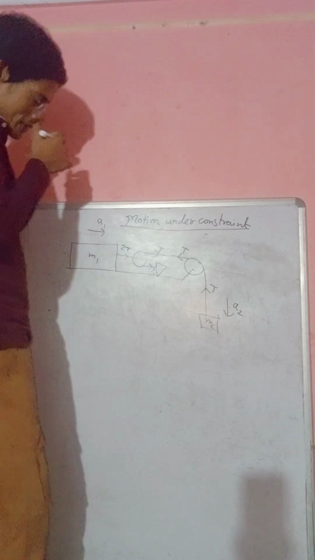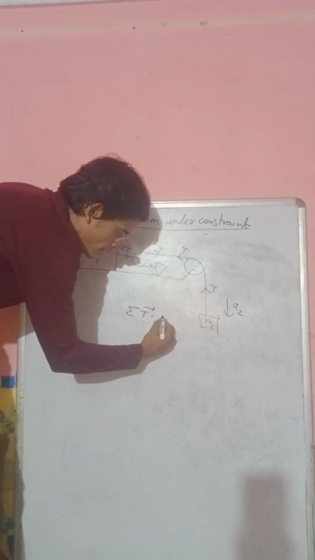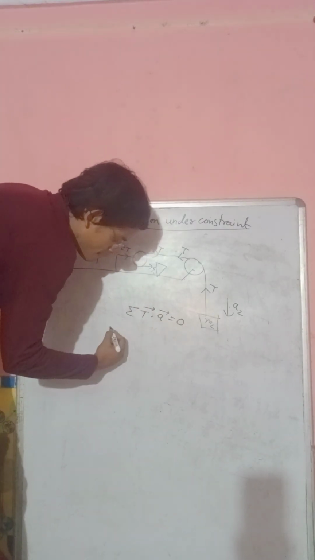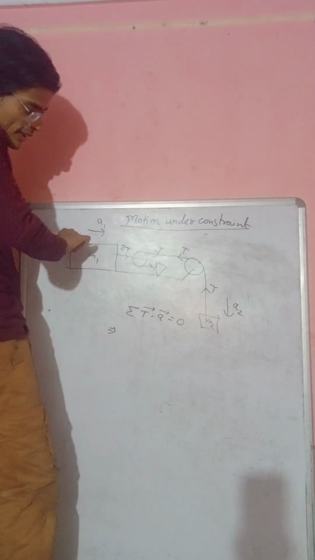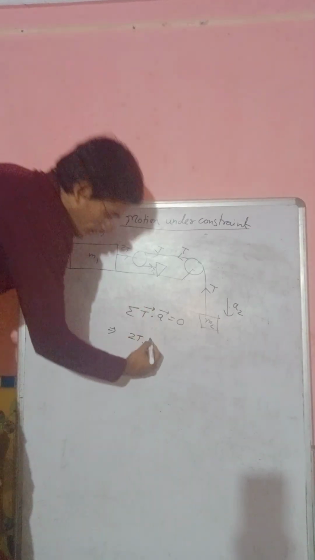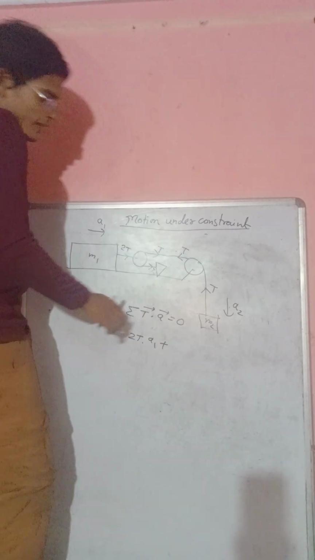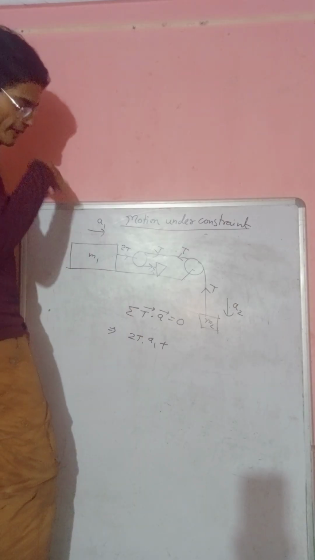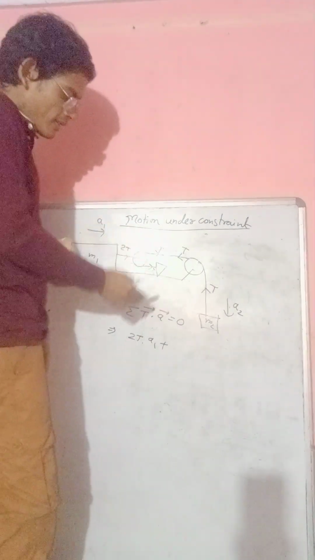Okay, now see that. Again, we'll use T dot A equal to 0. So for the first block, tension force is 2T along this direction, 2T multiplied by A1. Okay, plus, again both in the same direction, that means the angle is 0, so cos 0 is 1.